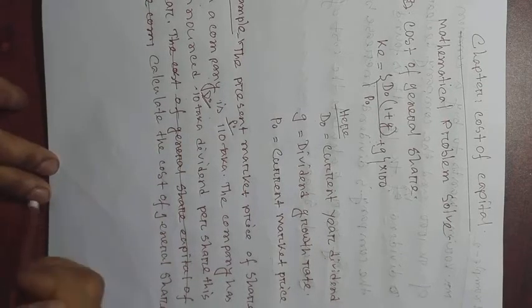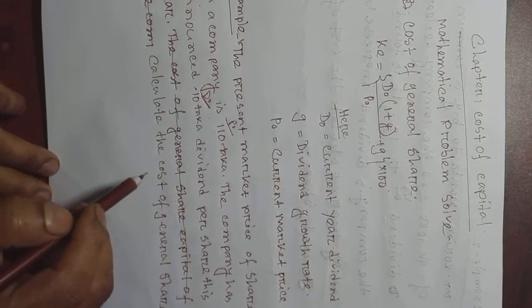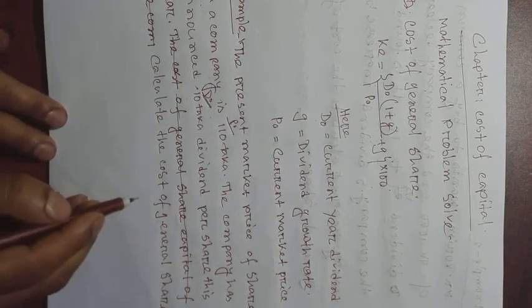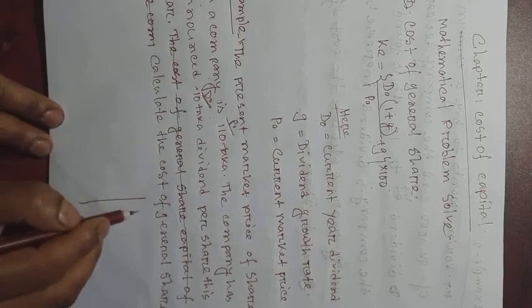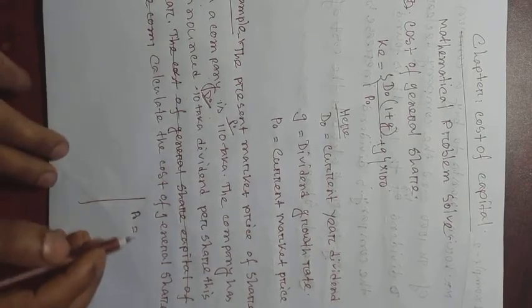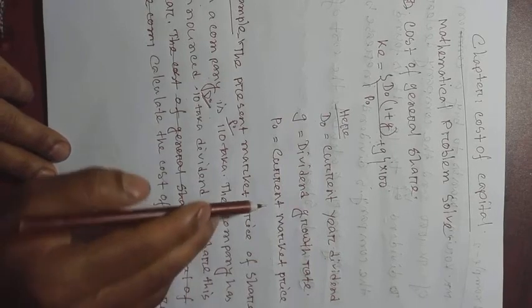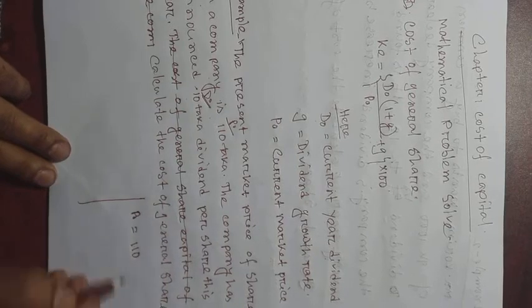Calculate the cost of general shares. By this formula, there is no growth rate, so I take the growth rate as 0. So I write all of the elements from this example. Here P0, we know that P0 is the current market price, so P0 is equal to 110 taka.